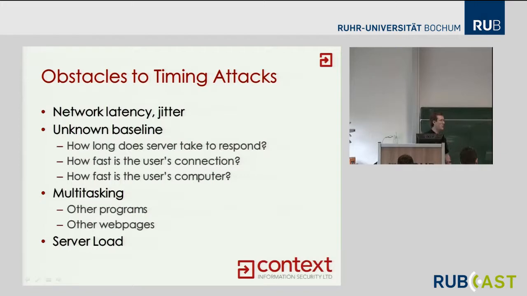So when they run it on their machine, it might take a certain amount of time, but when the user runs it, it might take a different amount of time. And that can also be down to all sorts of variables like the speed of the user's computer, speed of their connection, and things like if there are other programs running on the user's computer, or how busy the server is.